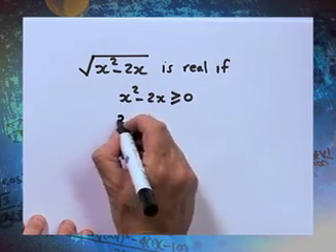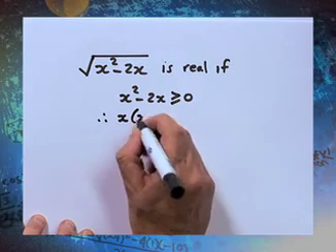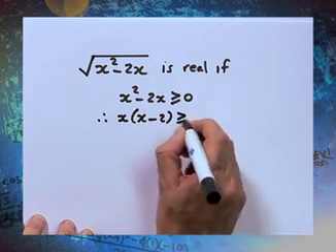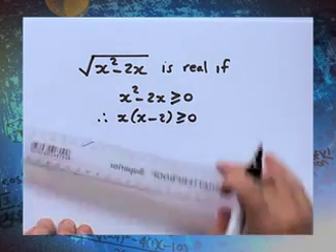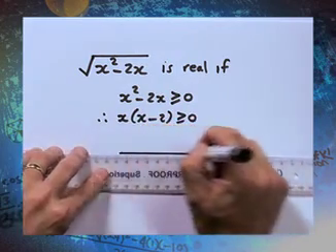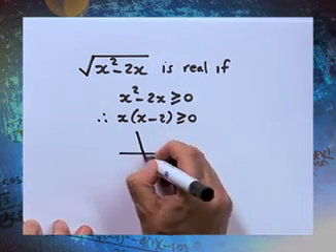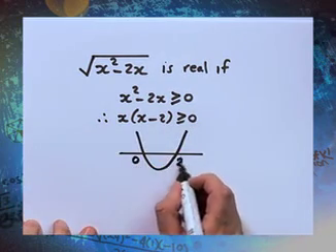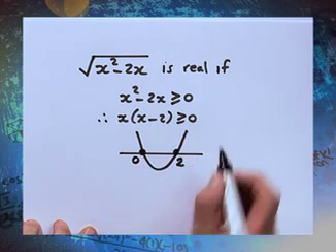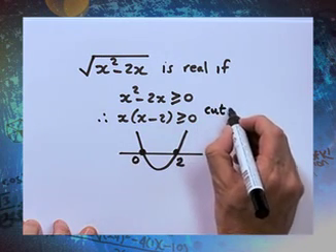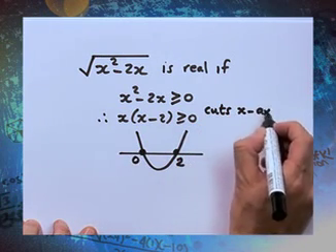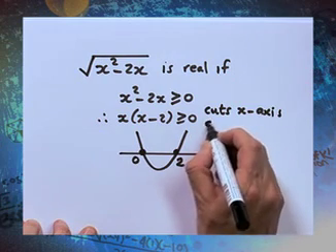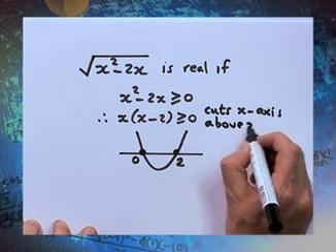Now, inequality. So what do we say? Factorize it, not a problem there. Parabola method again. If we draw the parabola, it'll be 0 and 2 with closed dots, because it cuts the x-axis and it's above the x-axis.